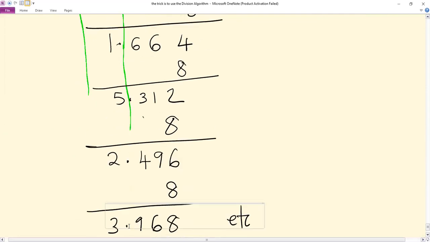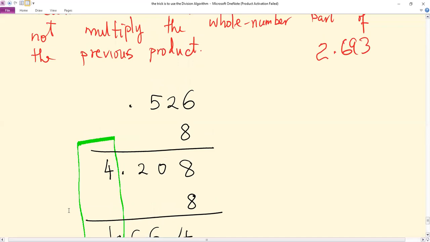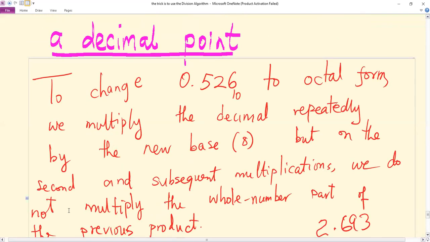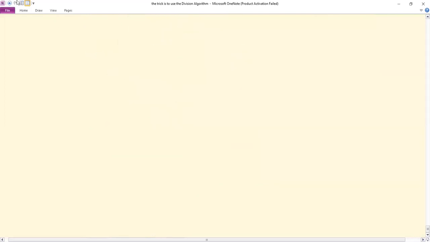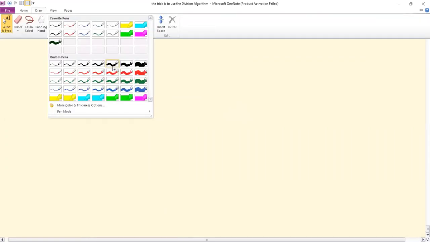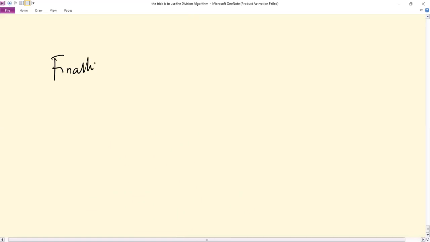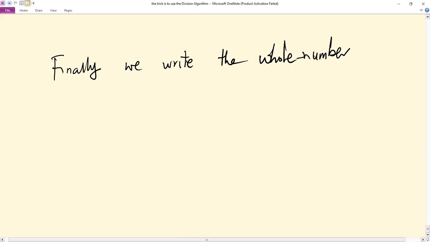But then we need a stopping criteria. So finally, we write the whole number digits downwards.